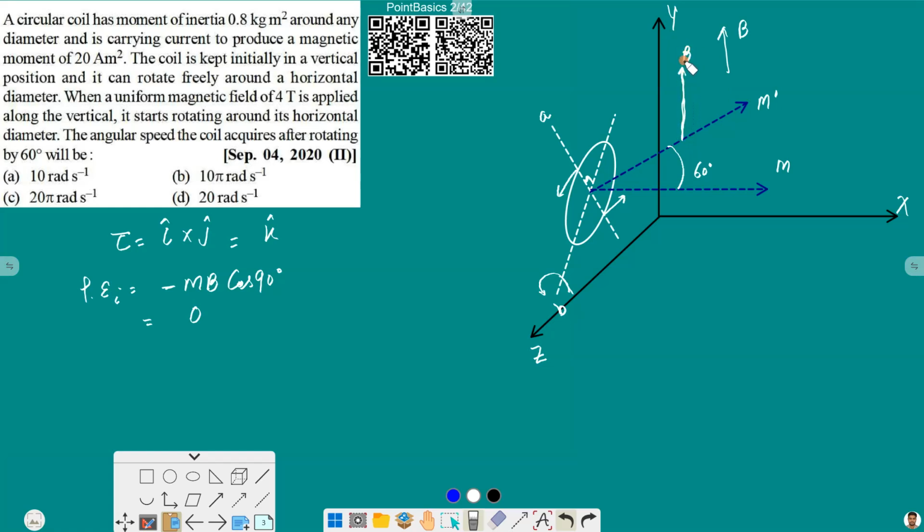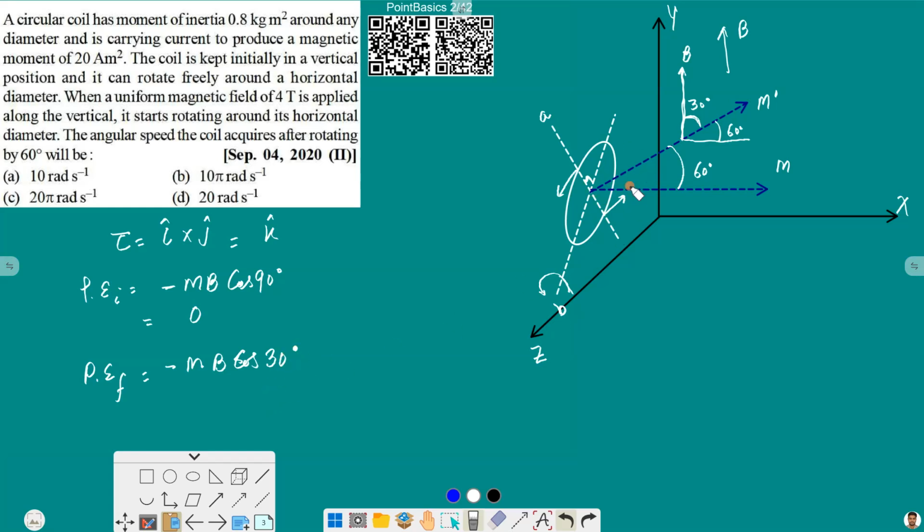This is P. So now if we find the final potential energy, we have to find minus M B into cos of angle between M and B. And now angle between M and B is this one. And as we know that this angle is 60, so this angle will be 30 degrees here. So final potential energy will be minus MB cos of 30.